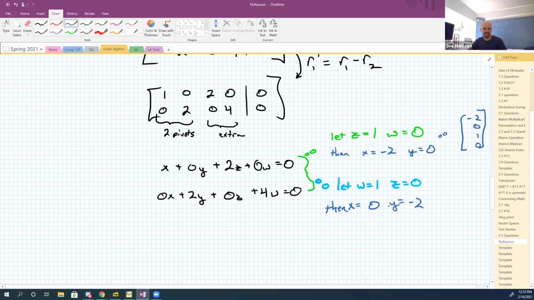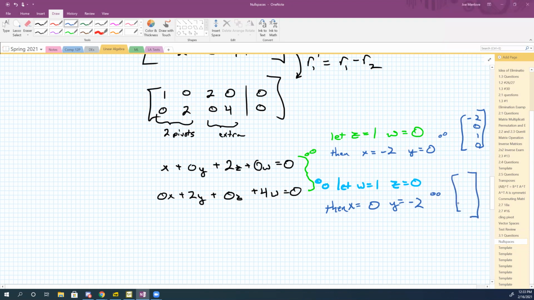Okay, that feels like the same vector, right? What's actually different about this one? Switch the x and y. Yeah, the x and y and the z and w are all switched. So it's 0, -2, 0, 1.